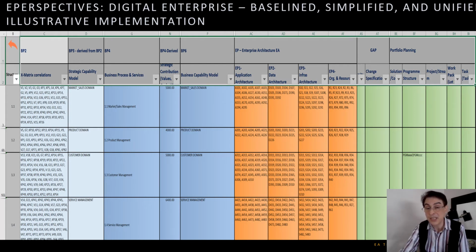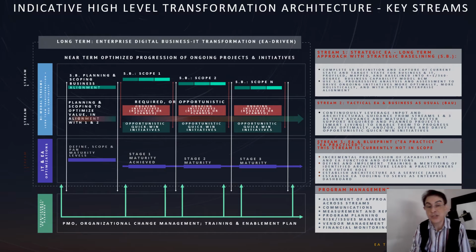So these are all the key attributes which make the ECM an excellent baseline and basis in order to do our transformation and change. So this is ePerspective's approach to transformation architecture. This I will cover more in the change planning sub-perspective when we present that one.